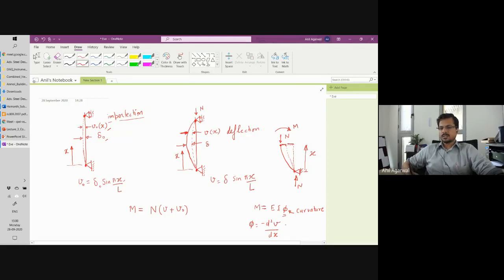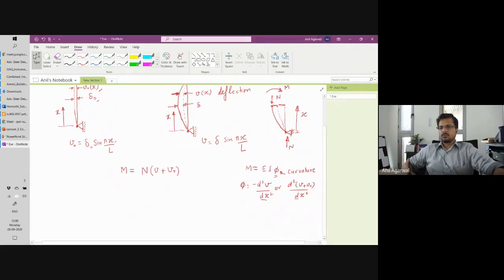Right? My question now is, d2(v plus v naught) by dx2. So there is one possible phi definition which is given by d2v by dx2. The other possible definition is given by d2(v plus v naught) divided by dx2. Which one should I use in this expression? Which phi should I use?